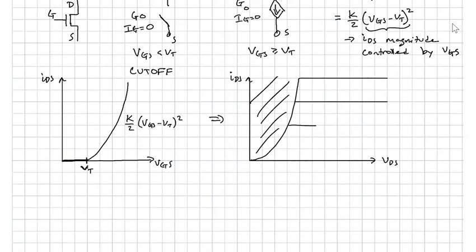And then over here in saturation, we have this constant current source, and as we increase VGS, we get higher and higher drain source current. And again, just to hammer these things home, this is our VDS equal to VGS minus VT boundary.